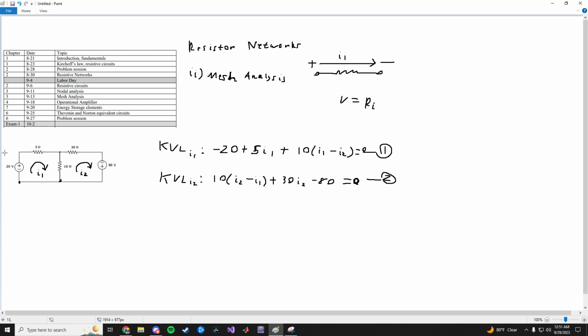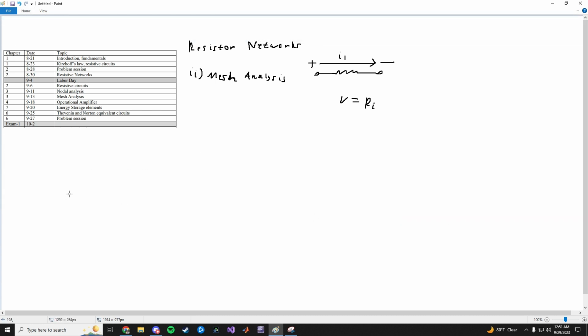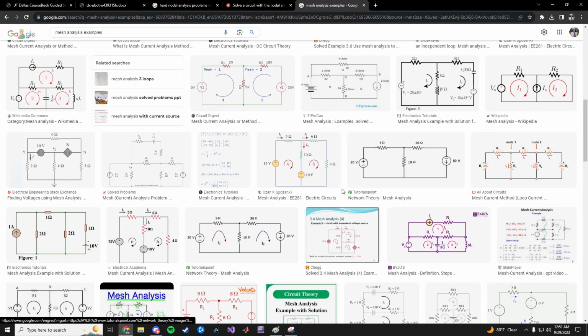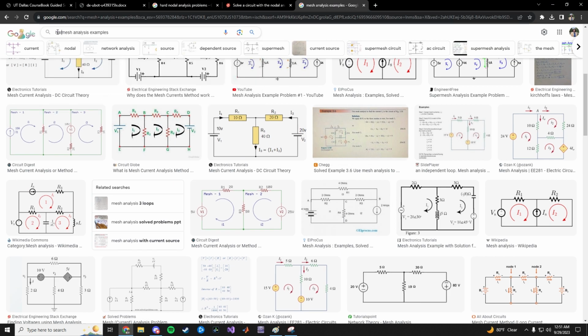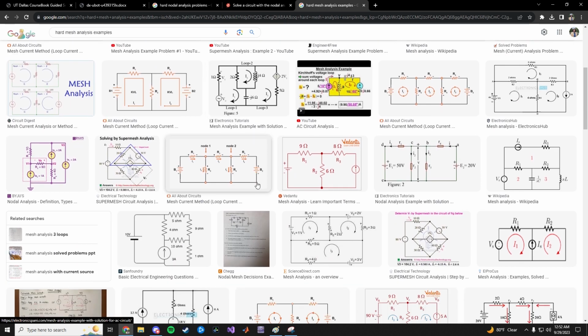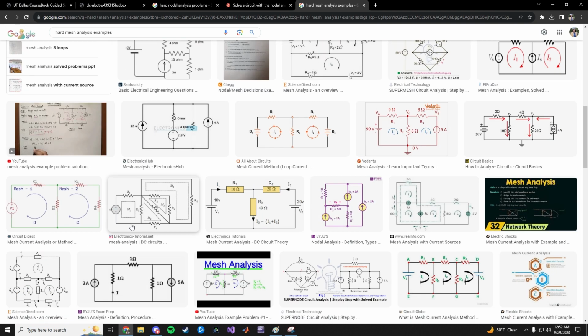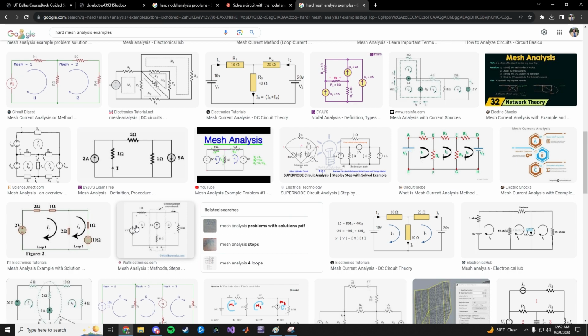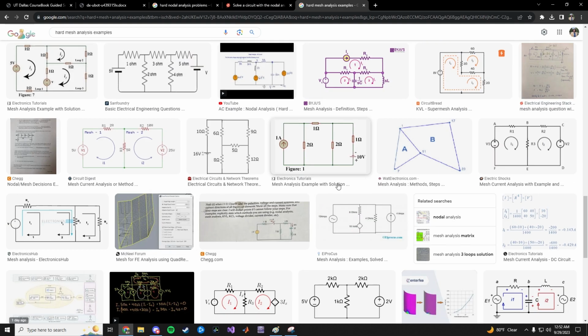So let's look at a harder example. Let's see if we can find a harder one. Any hard ones? Let's see. Maybe sums with like current sources. Those tend to be a little more confusing.